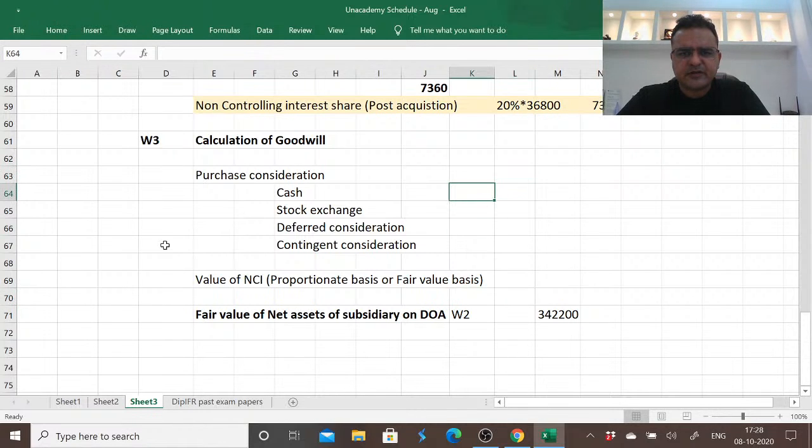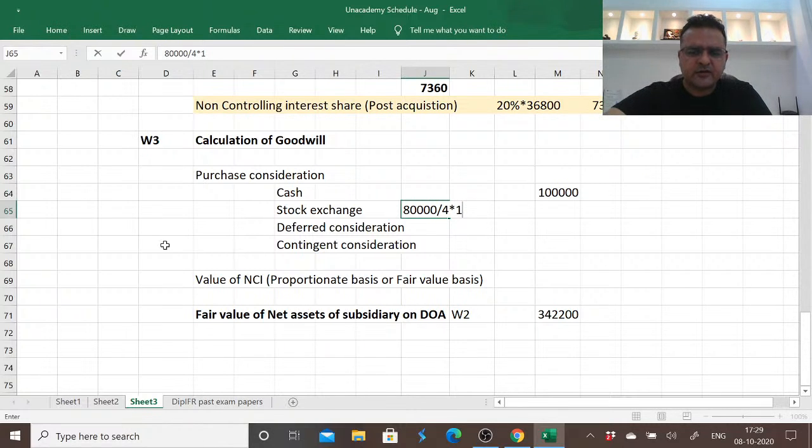Purchase consideration may be cash, say 1 lakh. For every 4 shares acquired, so 80,000 shares acquired, 1 share issued at the rate of, say, 6 per share.